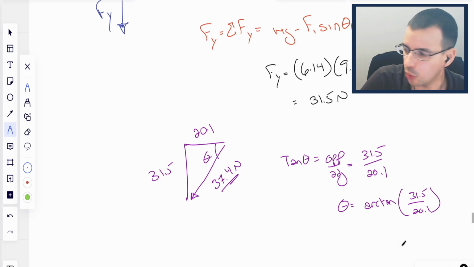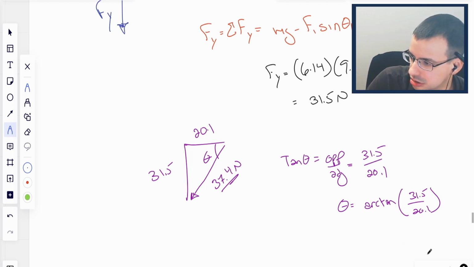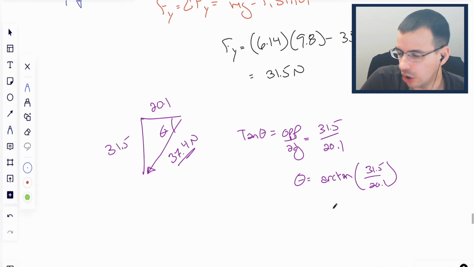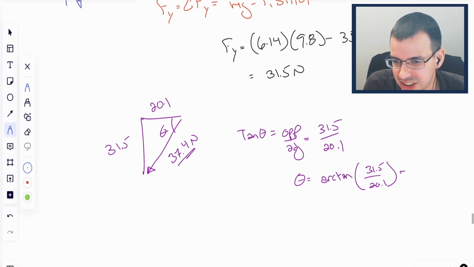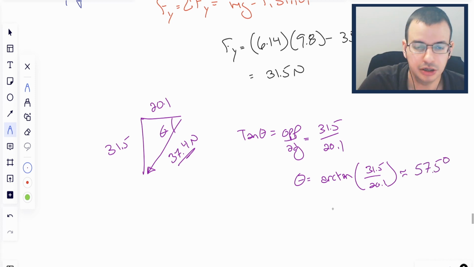And that is weird. 1 radian, almost exactly, which is 57.5 degrees.